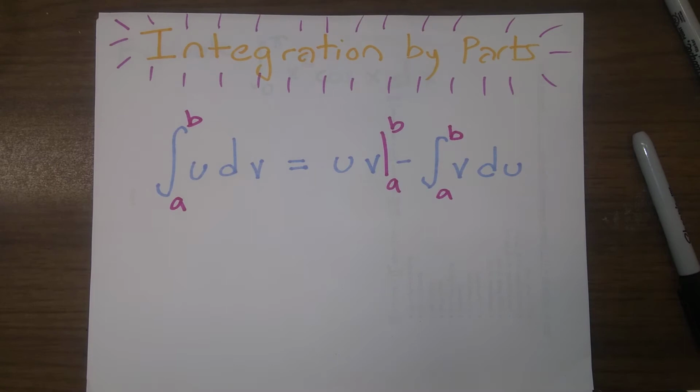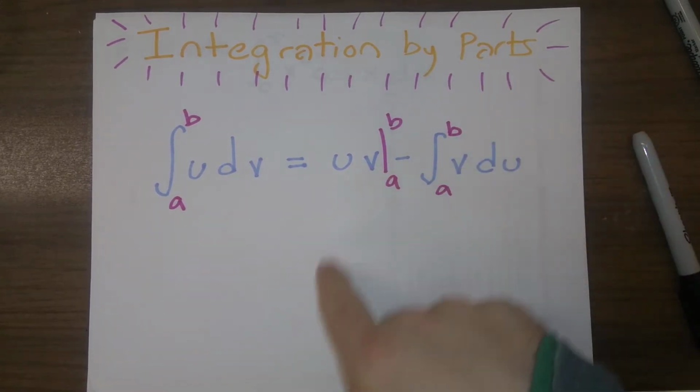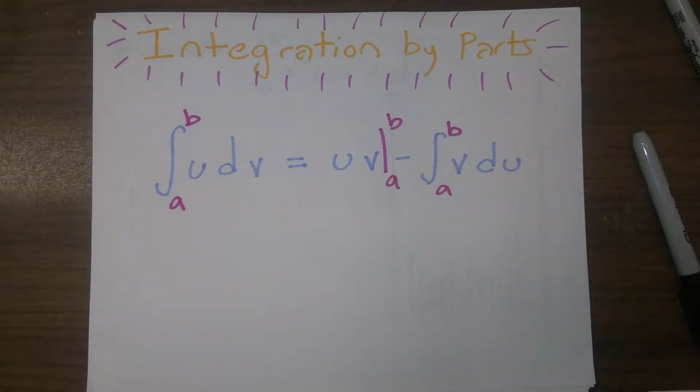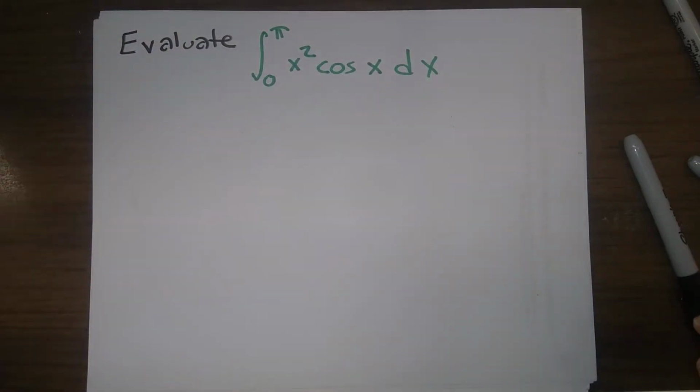So if I say, what's the definite integral from a to b of u dv? So what you do, this integral still has the same bounds, a to b. And then for the term that's u times v, you have to plug in the appropriate values of a and b there, just like you usually do when you're doing definite integrals.